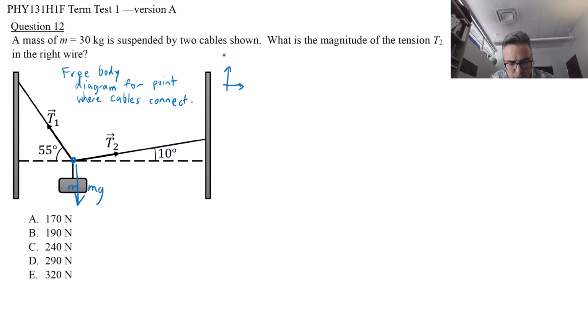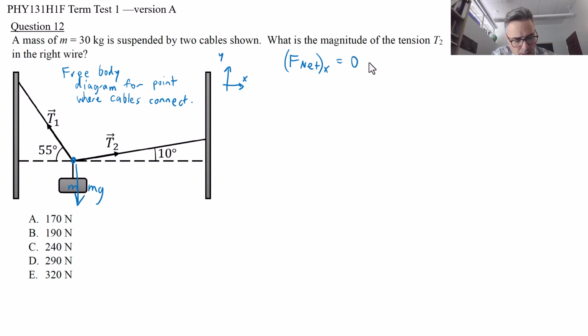So what I'll do is I'll define y to be up, x to be to the right, and we'll say that the net force in the x direction on that point is equal to 0. And that's equal to T2. We're going to call 10 degrees theta 2, and we're going to call 55 degrees theta 1.